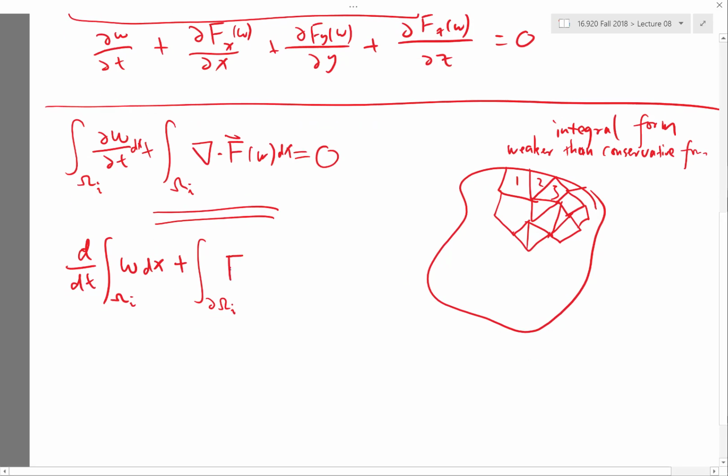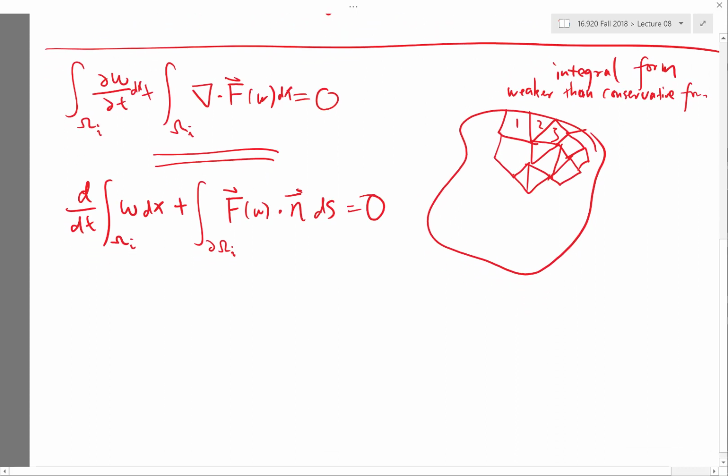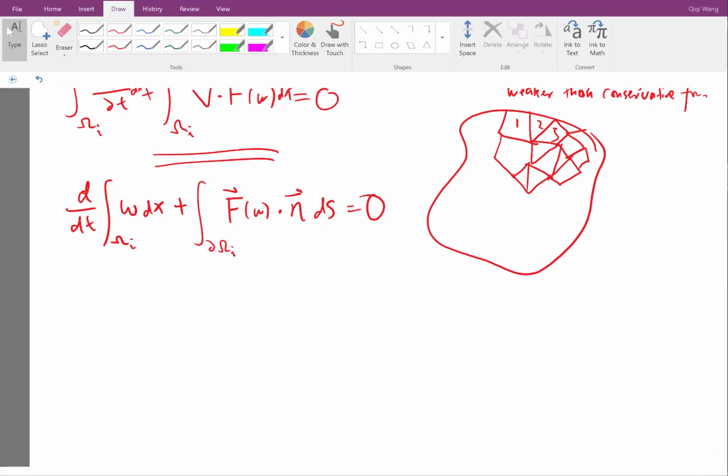Then you have f of w dot with the normal of the boundary, ds, equal to 0. So basically, the goal of this divergence theorem is to get rid of all spatial derivatives. And now this leads to finite volume in a very natural way.